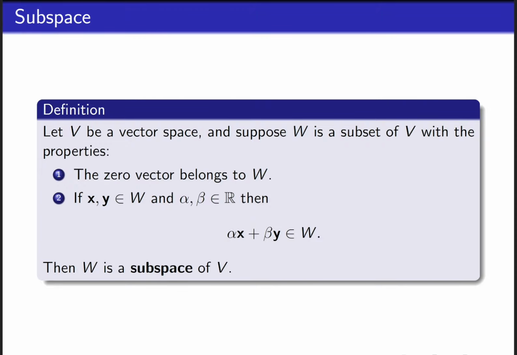So next we're going to talk about subspaces. A subspace of a vector space V is simply a subset W of V that has a couple of extra properties.